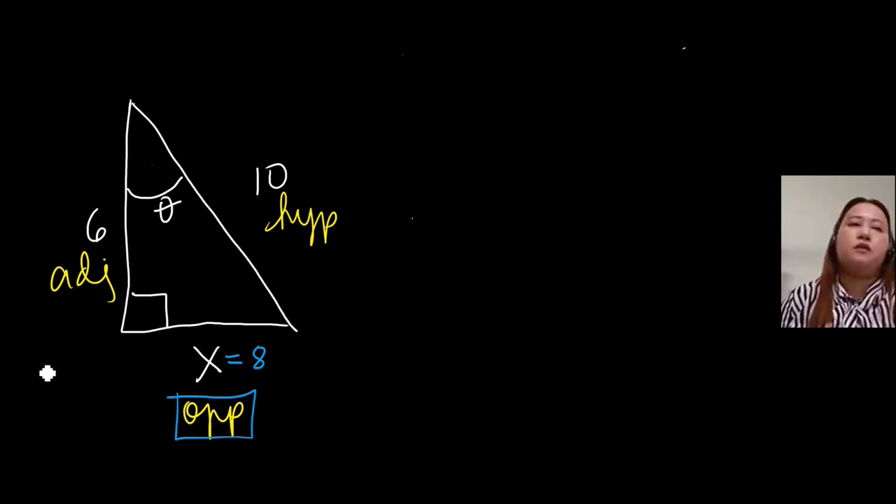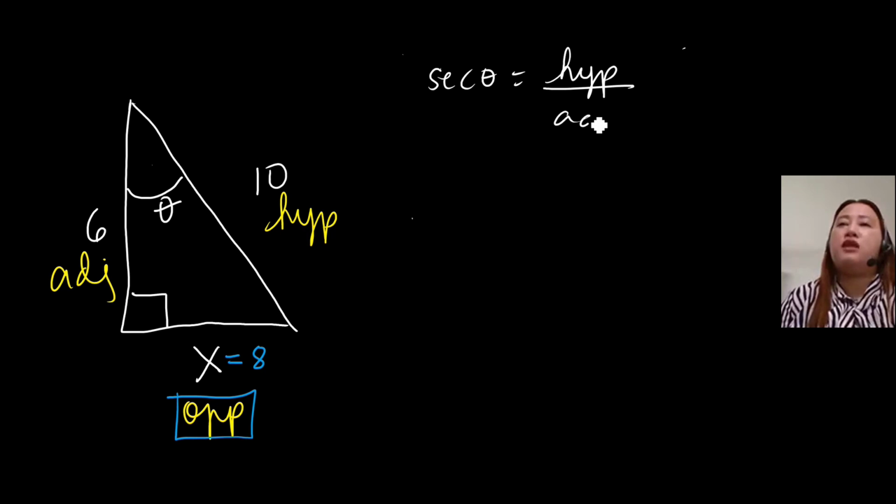Okay. So we can have secant theta. Secant theta is hypotenuse over the adjacent.